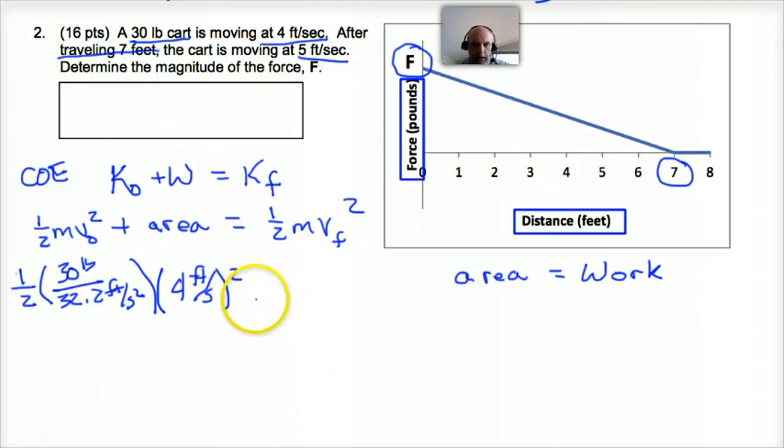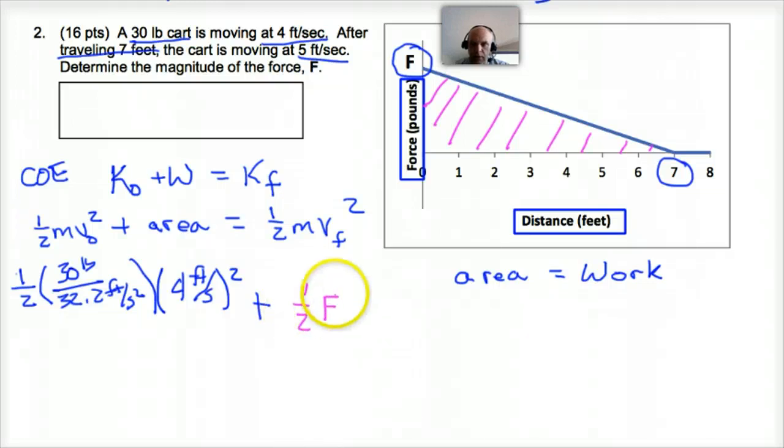Okay, the area again is this area right here, all the way up to 7 feet. That's an area of a triangle, 1/2. The height is our unknown force, and the base is 7 feet.